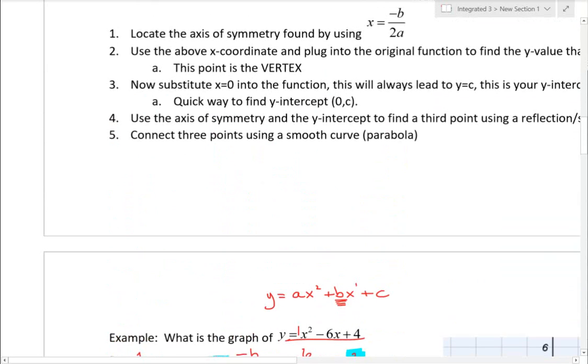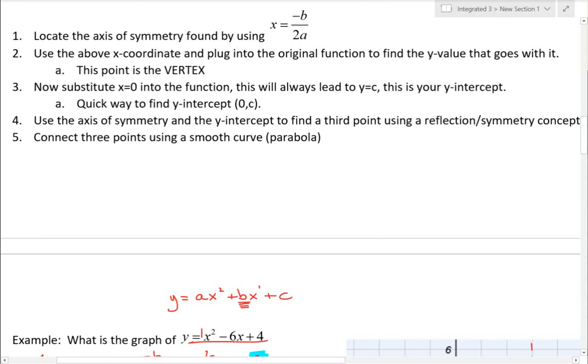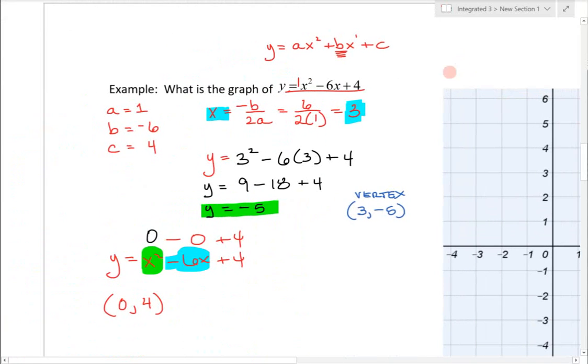If we go back up to what line 3 here was saying, it says now substitute x equals 0 into the function. It says this will always lead to y equals c. That's your y-intercept. So as long as there is a c value here, that is always the case. Even if that was 0, that is still going to be the y-intercept.